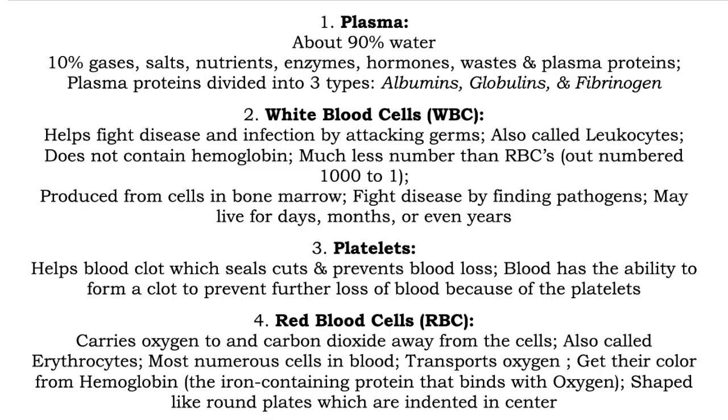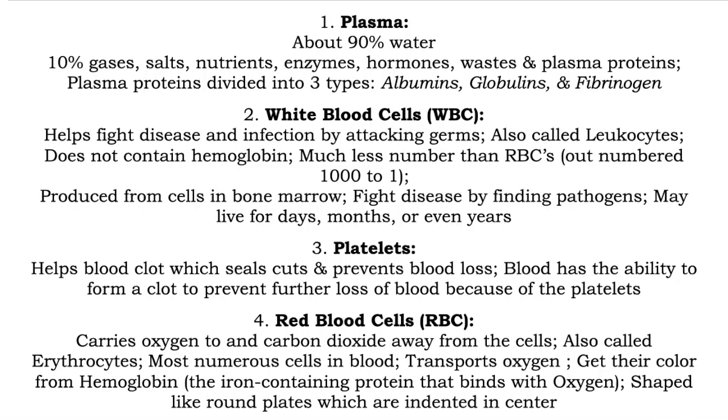Then we look at the white blood cells, also known as the leukocytes. These do not contain hemoglobin like the red blood cells do, and these are fewer than the red blood cells.